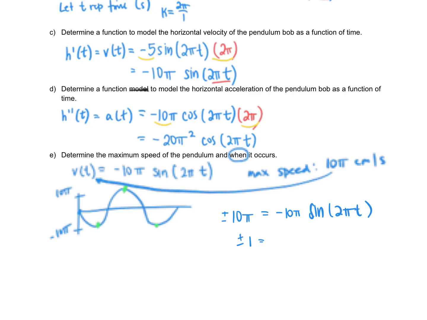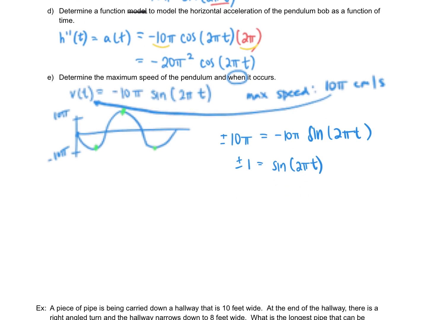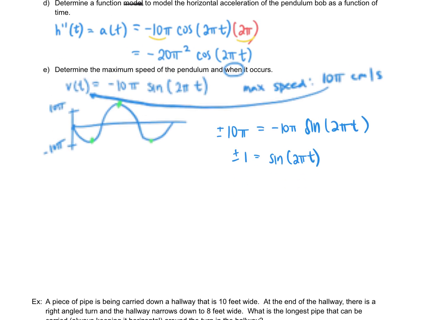So I have plus or minus 1 equals sine of 2 pi t. And now I think, okay, when is sine equal to positive or negative 1 in that generic base function? Well, it's at pi over 2 and at 3 pi over 2. So that's what 2 pi t is equal to: pi over 2 and 3 pi over 2.